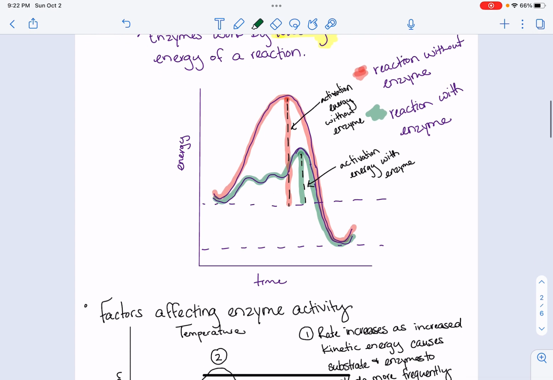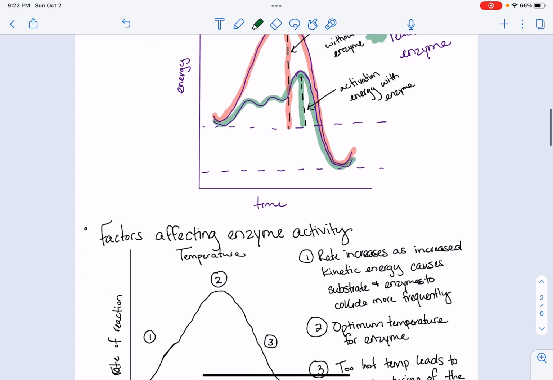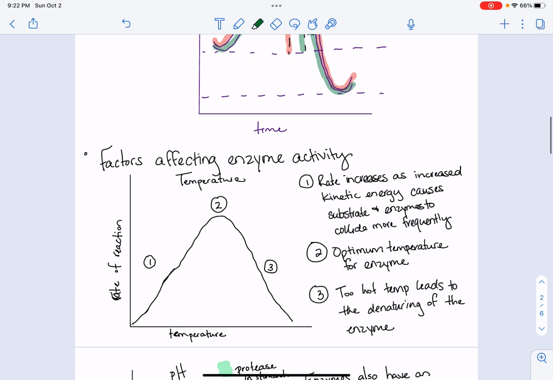Okay, so next thing that we need to talk about is what factors affect enzyme activity. First thing that we have is temperature. So again, we talked about how enzymes and substrates collide, and it's based on molecular movement.